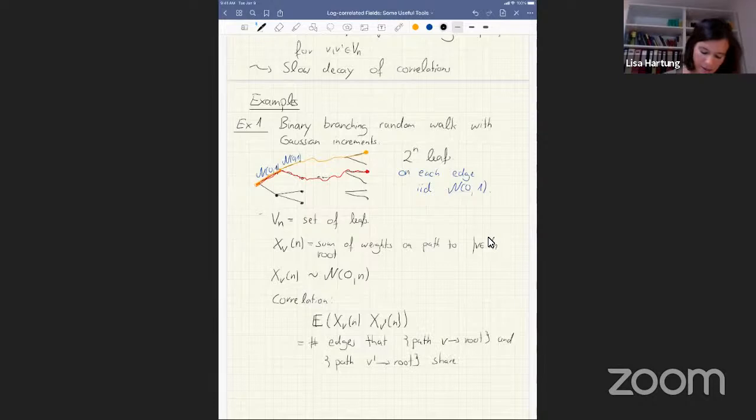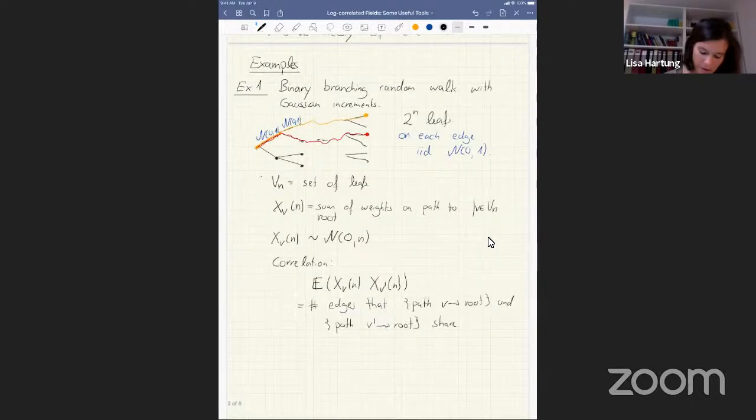And this we could also, for instance, denote by v wedge v prime. And this is sometimes also called the overlap of v and v prime, or also the branching time.